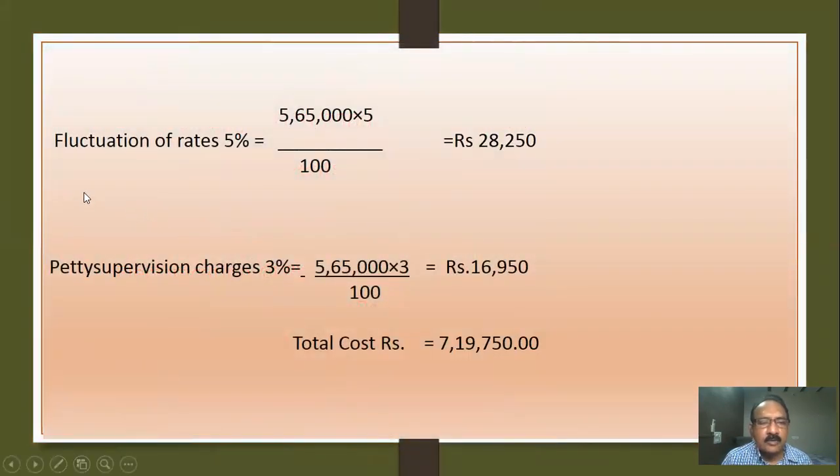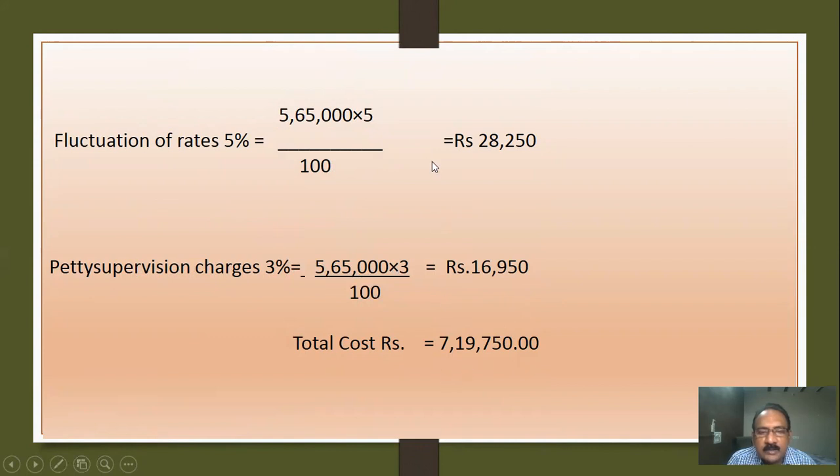And we have to add fluctuation as the problem is given, 5%. 5,65,000 multiplied by 5 by 100, you will get 28,250. Similarly, petty supervision and miscellaneous charges 3% is given. That also we calculated: basic structural cost 5,65,000 into 3 by 100, that is rupees 16,950.